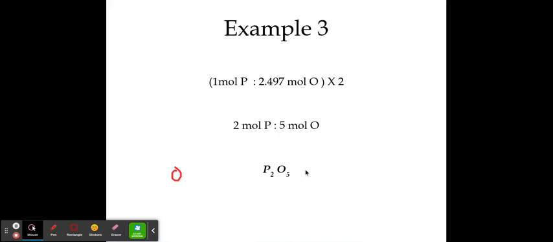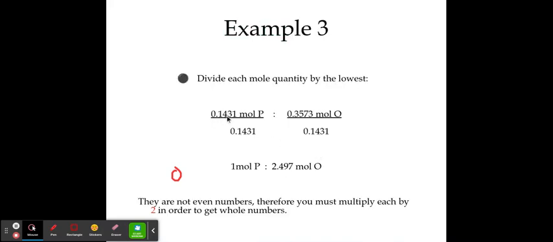Okay, so 0.1431 mole P divided by 0.1431 and 0.3573 mole O divided by 0.1431. So we get 1 to 2.5. Okay, now we're at the place where we need to go to that next step.